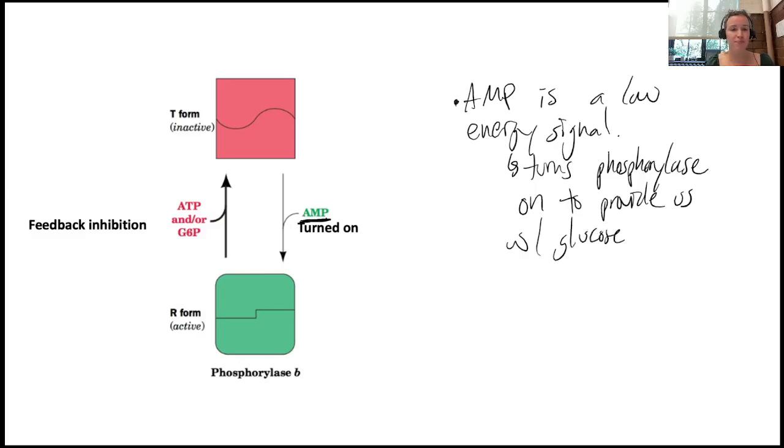That makes sense. On the other hand, both ATP and glucose 6-phosphate, G6P, these are signals that there is energy around.